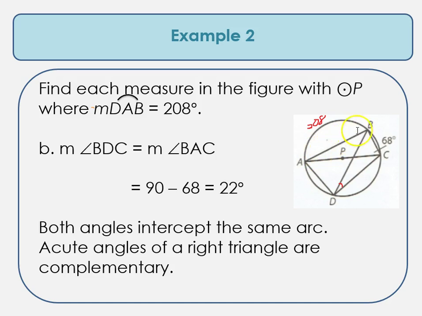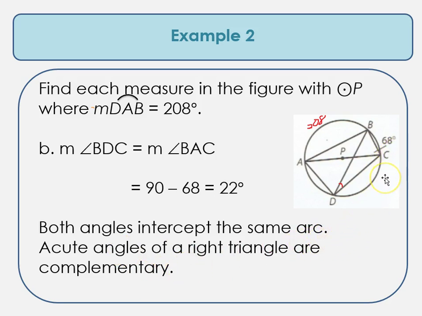We know that BAC was intercepting the semicircle, so it's 90, and then we can subtract 68, which equals 22 degrees. So both angles intercept the same arc, and the acute angles of a right triangle are complementary.